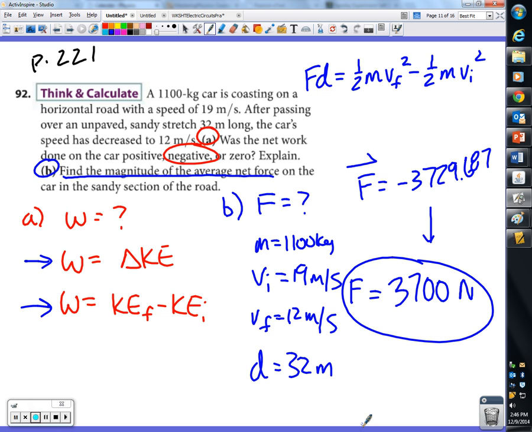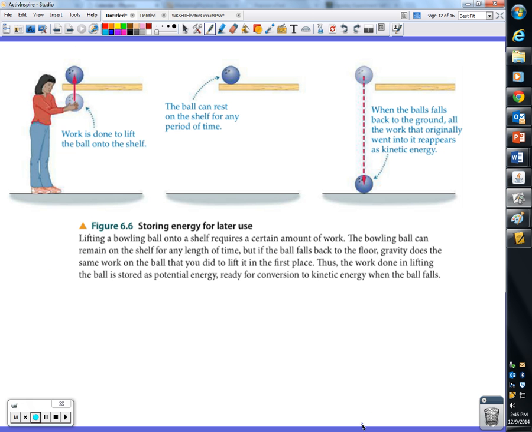All right, good there? Okay, let's transition. Next page, which might not be the next page if you were doing it on page 5, it's the previous page. So here's a picture of a lady lifting a bowling ball from the floor and putting it on a shelf. Maybe not the smartest idea in the world.